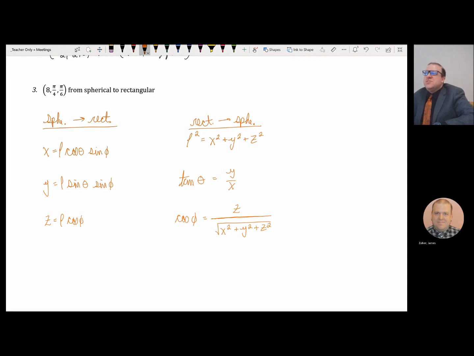Think of it in terms of quadrants. Inverse cosine will give you quadrant 1 and quadrant 2. So if z is negative, inverse cosine would give you an angle in what quadrant? In other words, what quadrants is cosine negative in? Two and three. Remember, cosine represents the x. So if z was negative, the inverse cosine would give you a quadrant 2 angle, which is pi over 2 to pi. That's fine.